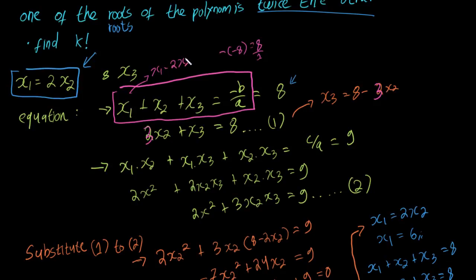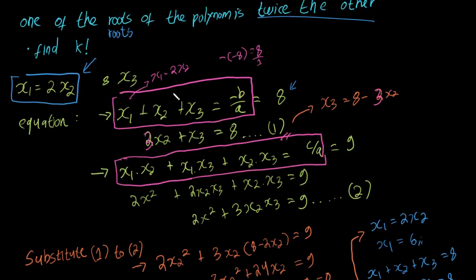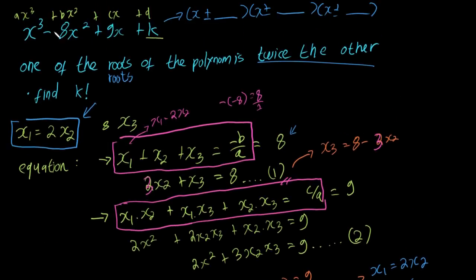X1 equals 2x2, and then you get this equation right here, and you're going to keep it here, because we need another equation to do the substitution and then get something from it. The other equation you want to memorize is c per a. The c is this and the a is this, and it equals 9.